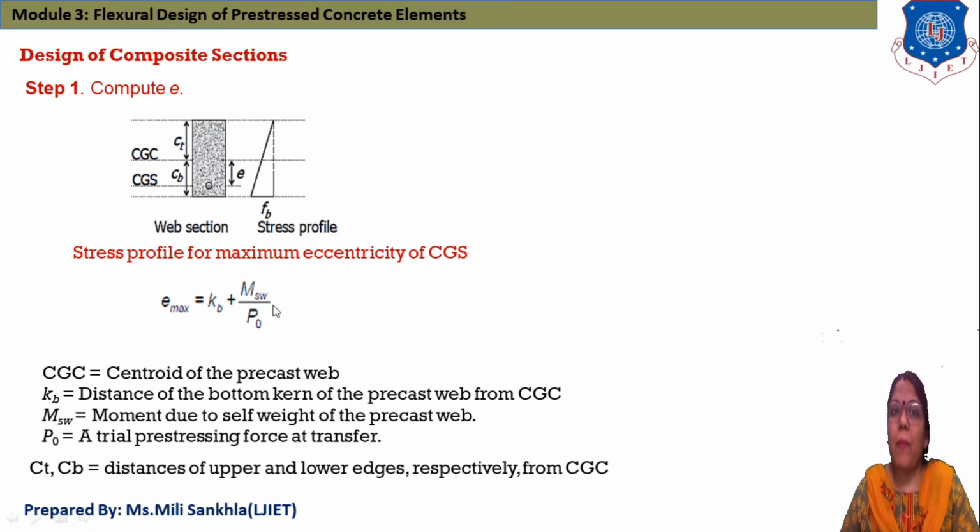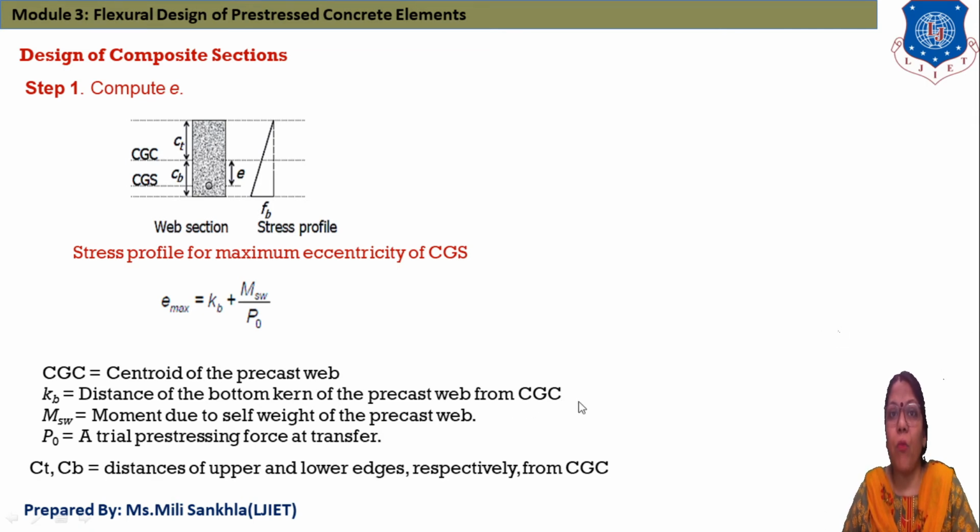kB plus M_SW divided by P0. Now one by one, what is CGC? Centroid of the precast web. This one is the first condition, before it is converted into the composite section, and this CGC is the centroid of the precast web. Now kB is the distance of the bottom kern of the precast web from CGC.